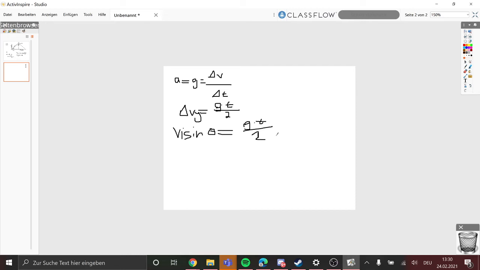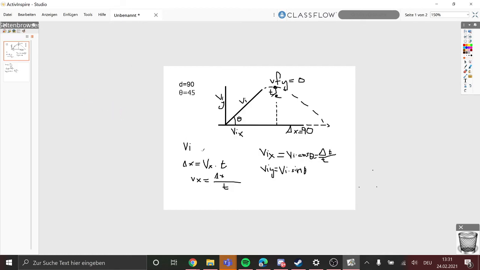Furthermore, if you remember, we also know that Vi of x is equal to Vi cos theta, equal to the change in x over time, so delta x over time.